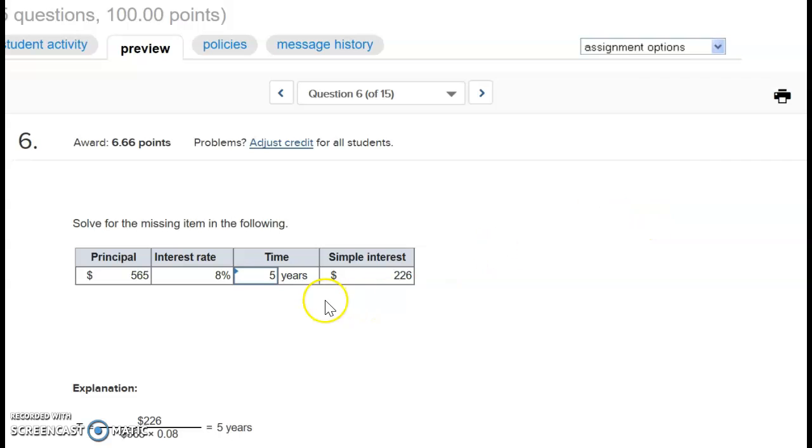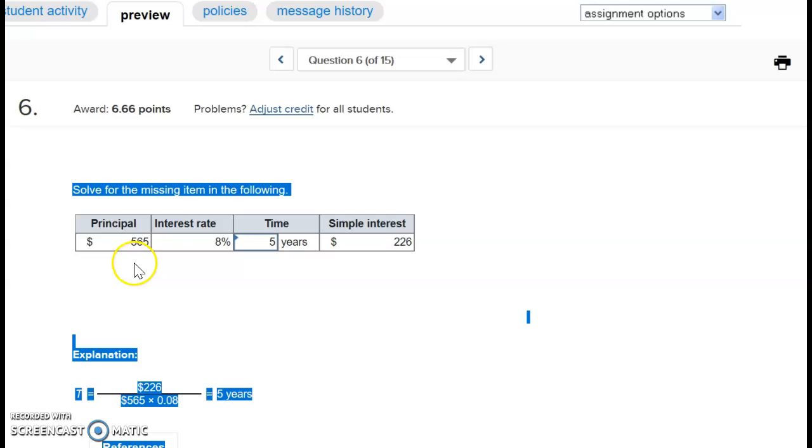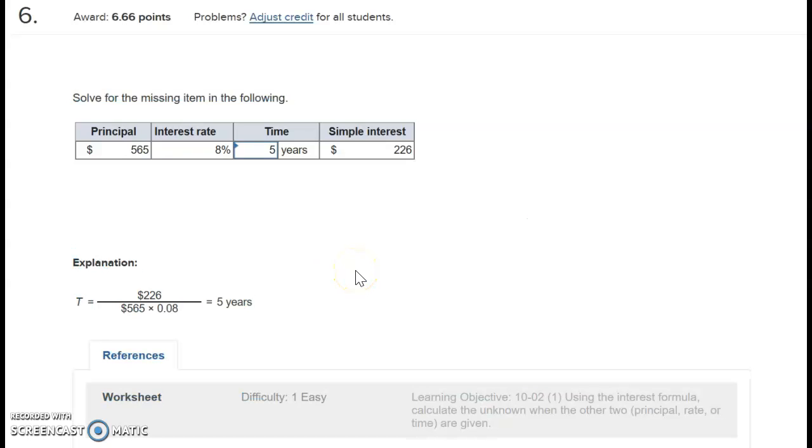So in this problem we have to solve for time, okay? We know the principal, we know the interest rate, and we know the interest. So the formula we use is time equals interest divided by principal times rate, okay?